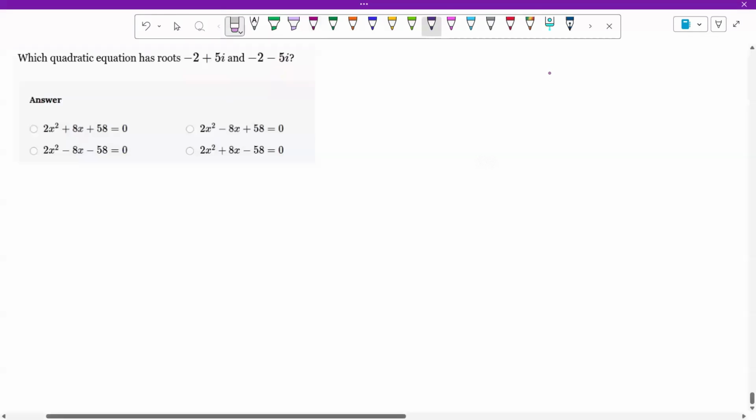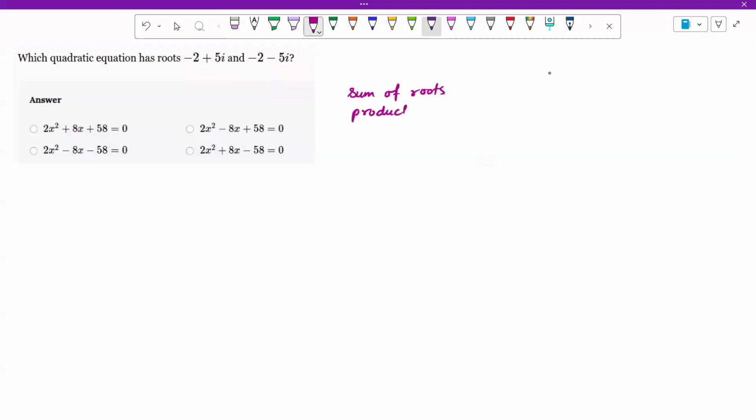There is something which is called the sum of roots. There is something which is called the product of roots.